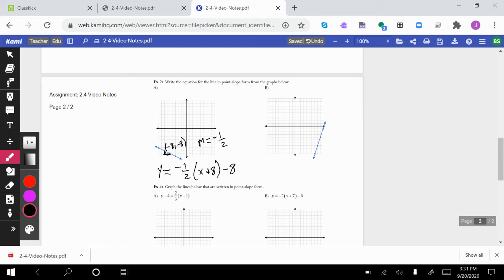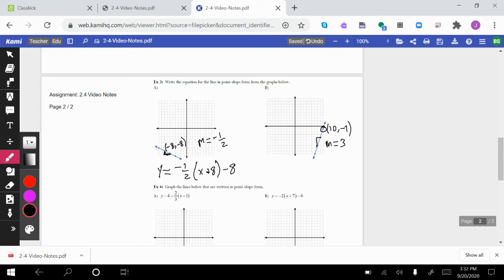Same process for letter B. If we want to use this point, that's 10, -1, okay? And we can use any point to find our slope. So we go over 1, down 3. Be careful, that's a slope of +3, right?